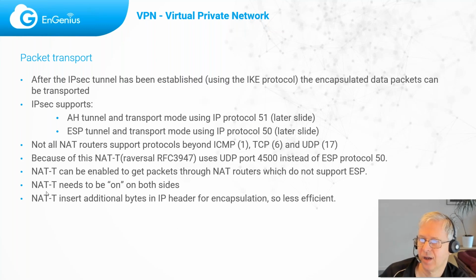But with NAT traversal, we insert some additional IP bytes to put the UDP header in, so it makes it less efficient. Your maximum packet size that you can put into the packets, given your internet MTU, will be a little bit less.